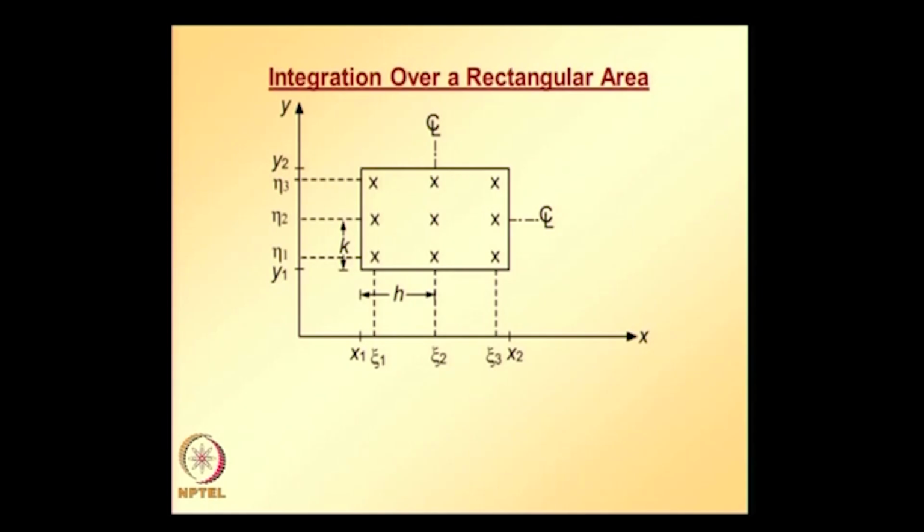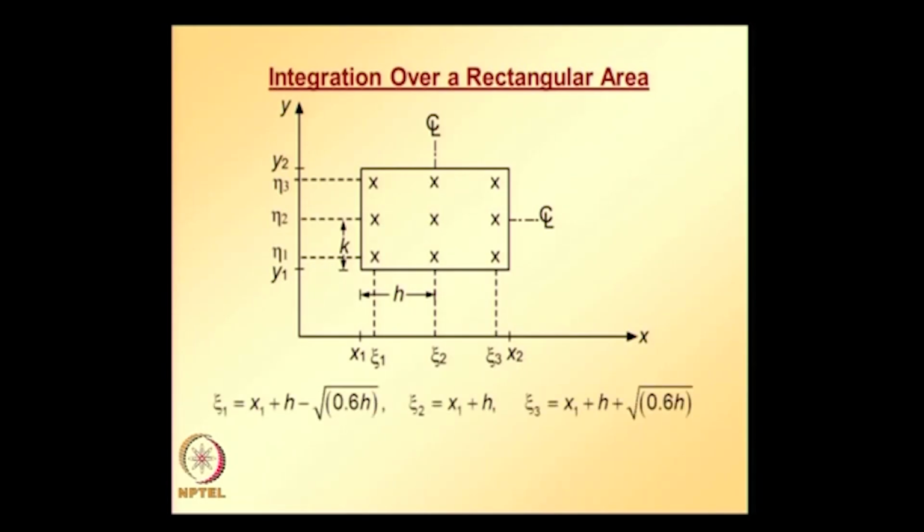So once we have the values of psi 1, psi 2, psi 3, eta 1, eta 2, eta 3, we can take Cartesian product of this and get the locations of all the integration points, and at each integration point weight along psi direction times weight along eta direction we need to multiply and then we get the total weight.